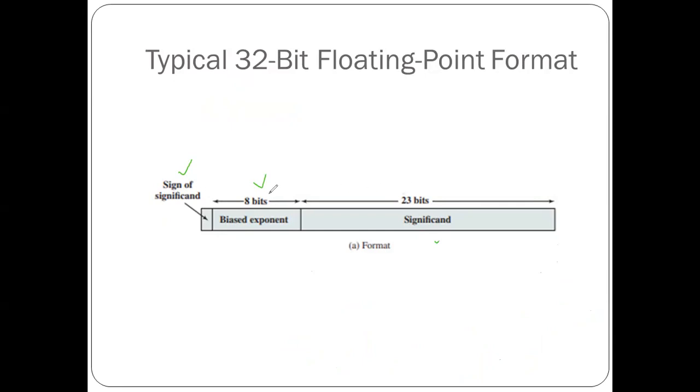So 23 plus 8 plus 1, totally 32 bits. There is a standard for this method called the IEEE 754 standard, where the 32 bits are separated into 23 bits for the significand, 8 bits for the exponent, and 1 bit for the sign component.